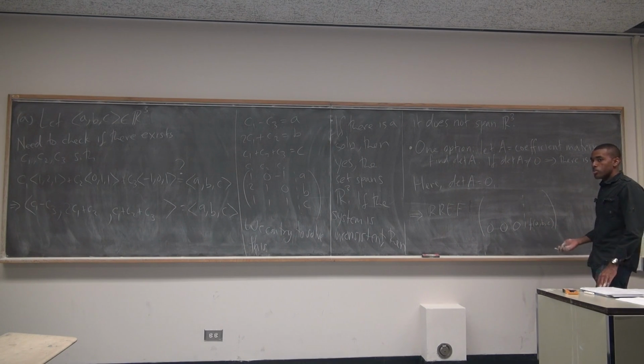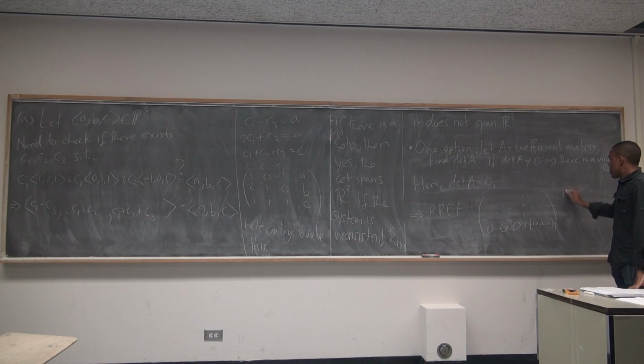Not necessarily inconsistent, but what's the problem with this? What happens is, if this function here is not exactly 0 all the time, then what would that mean? A, B, C would have to fulfill a specific condition, right?